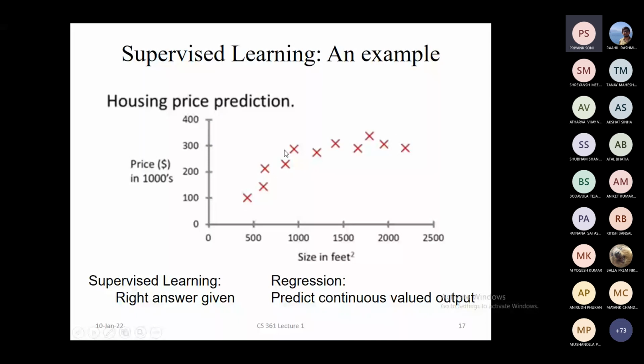So we fit a curve. But what is the nature of this curve, I'm not saying. Let's say it's a straight line.